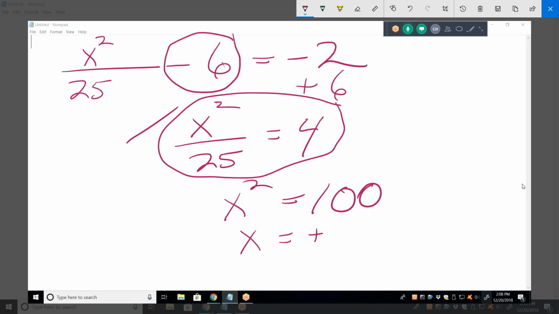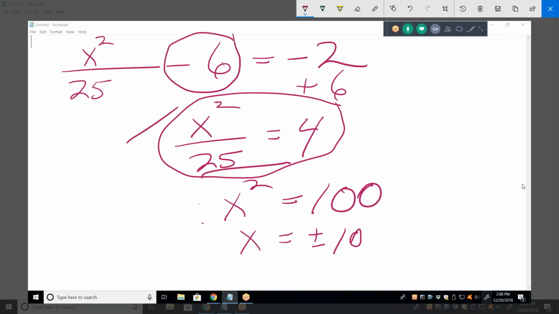It's plus or minus 10. Whenever you're taking the square root of both sides, you have to put a plus or minus. Always begin your answer with the words plus or minus whenever you're taking the square root of both sides.